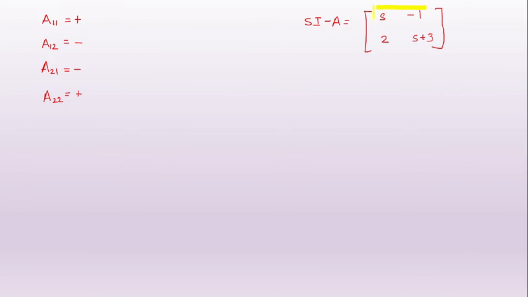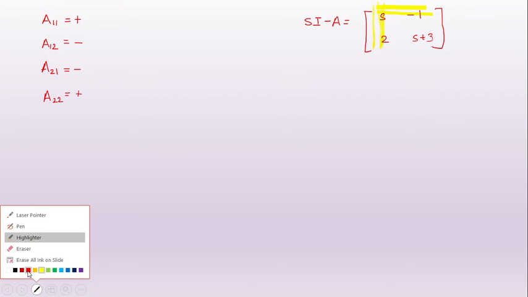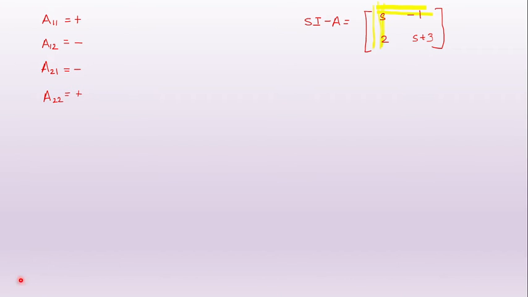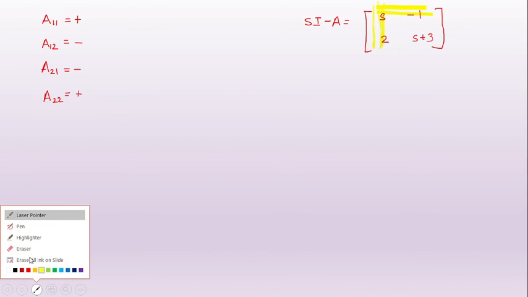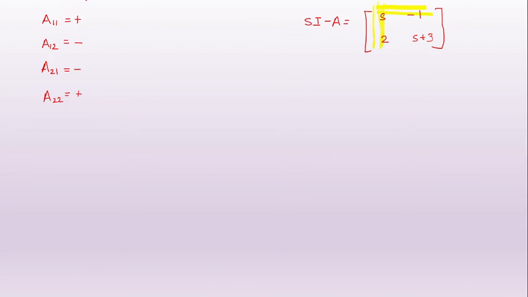If you hide the first row and first column, the element remaining is S plus 3. So you have to write the element as S plus 3.